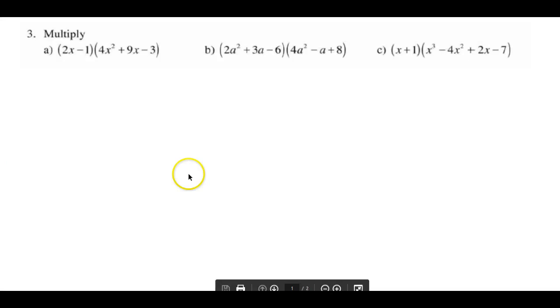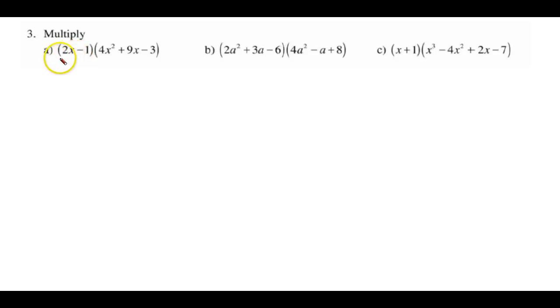Let's go on. Now here we are multiplying a binomial by a trinomial. Now there is a way to do this horizontally, but I think that leads to errors.